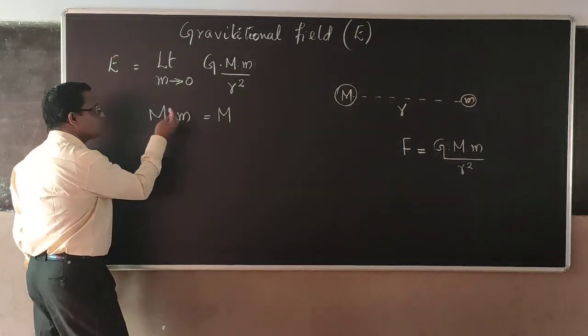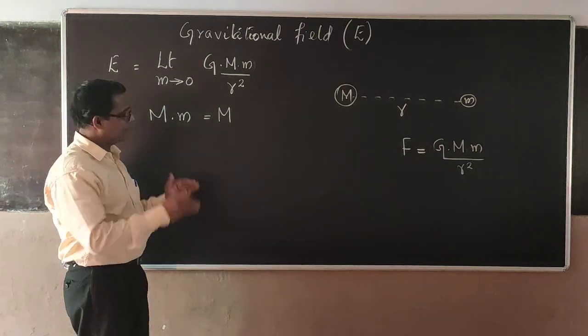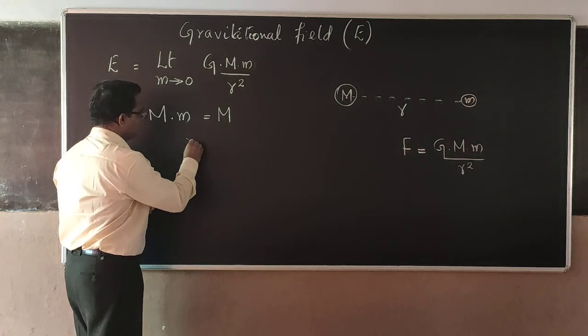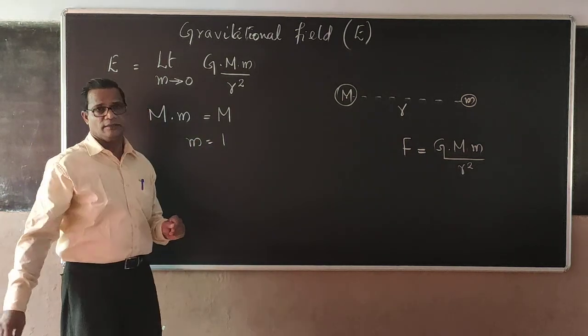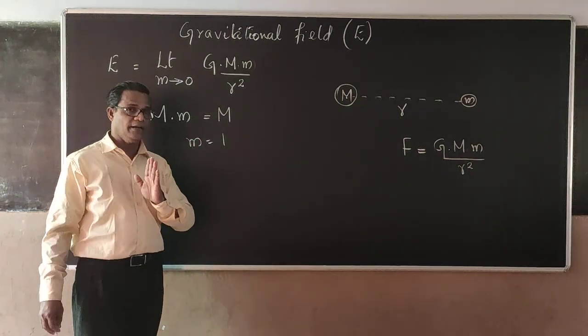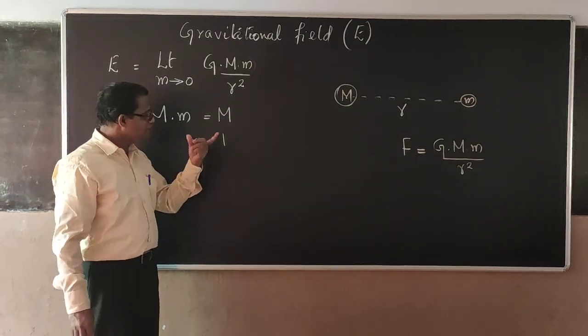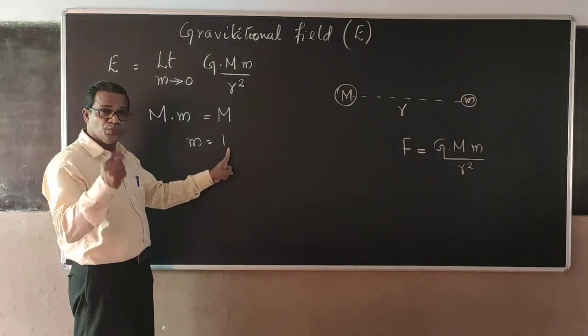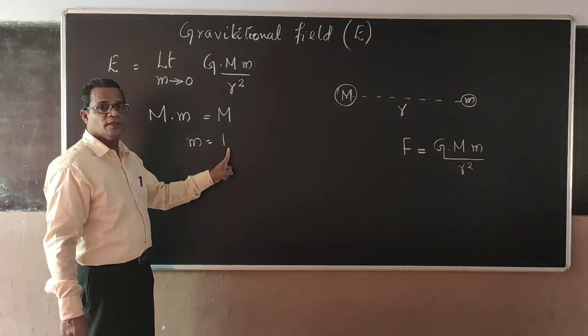That effect of this small m should not come on this. So capital M remains as capital M. That is possible only when m equals 1. Mathematical multiplication identity.